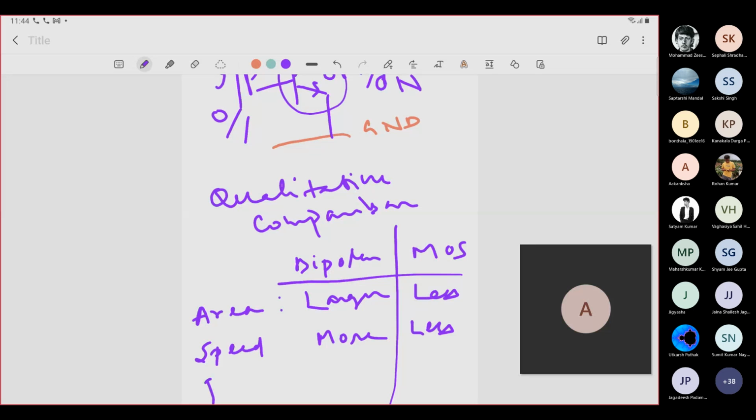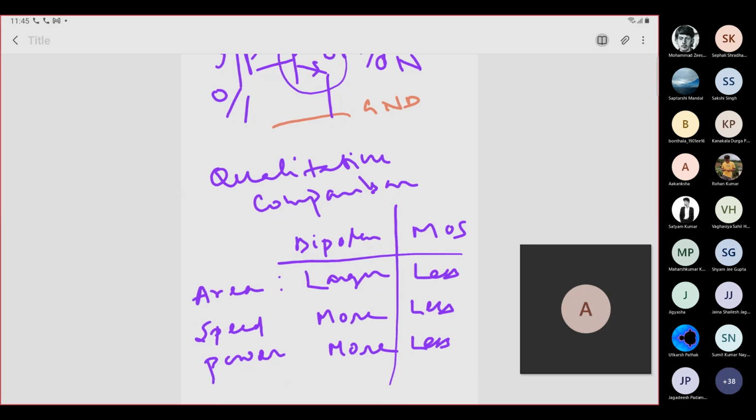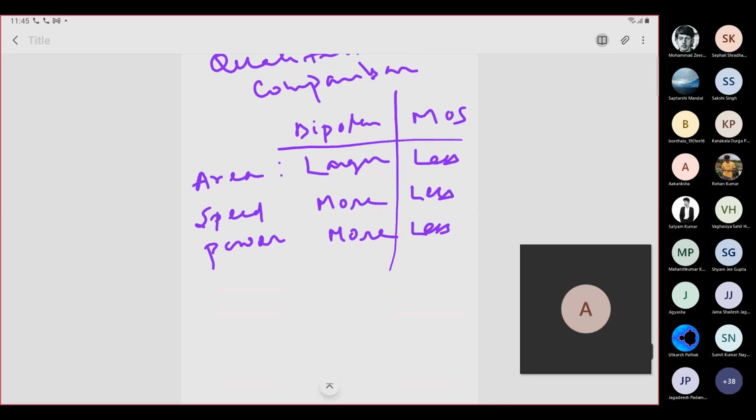And if you look at the power, bipolar will consume more power, and MOSFET will consume less power. Okay, so this is the qualitative comparison between the bipolar and MOSFET circuit.